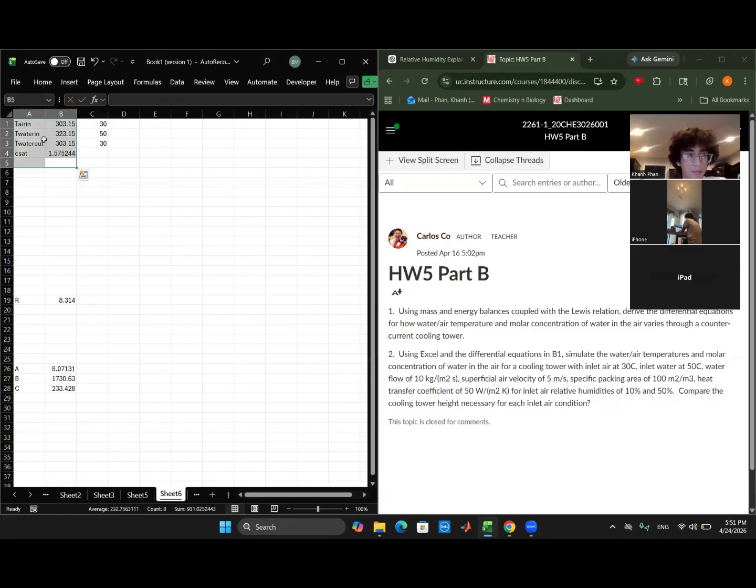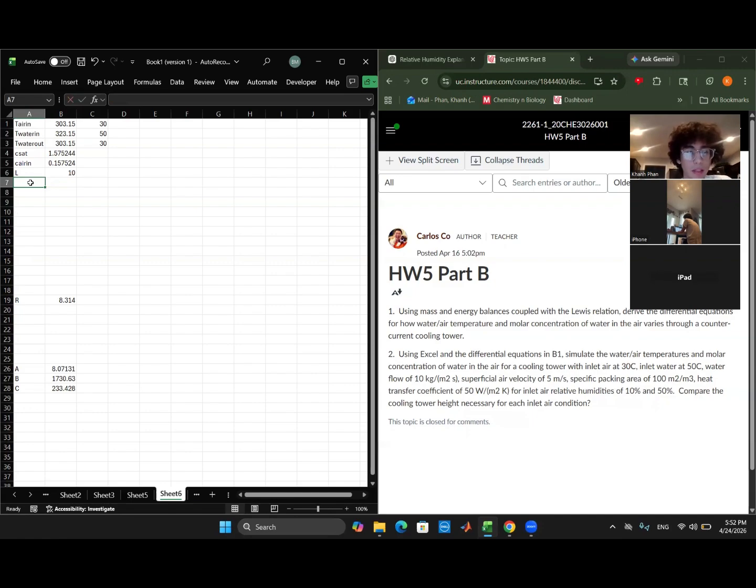So we can have L. So we also need to define what's the concentration of air when it first went in there. So we're gonna take C saturation times 0.1 because the air relative humidity is 10% of inlet air. All right, and then we're gonna define L equal to 10.